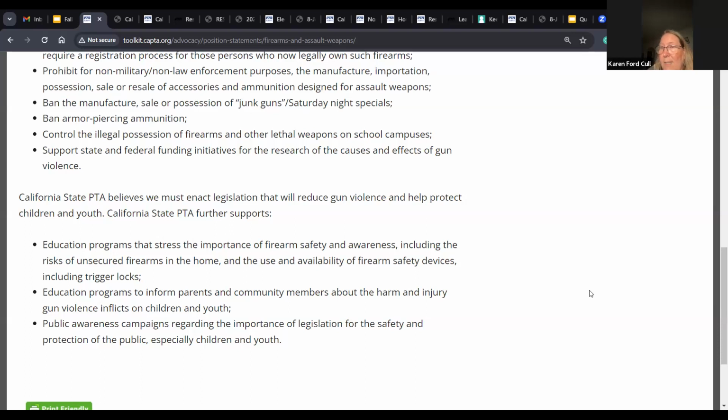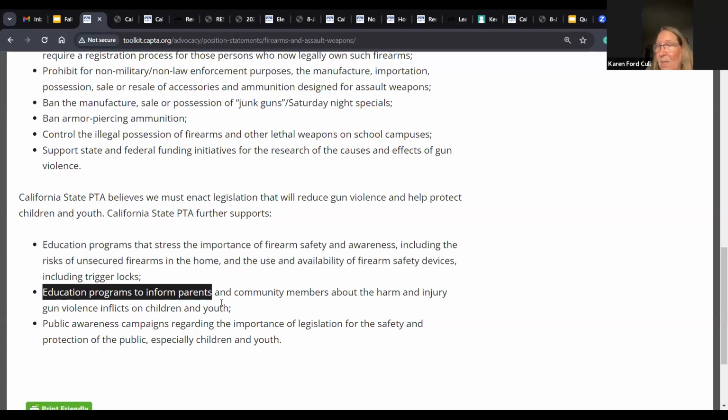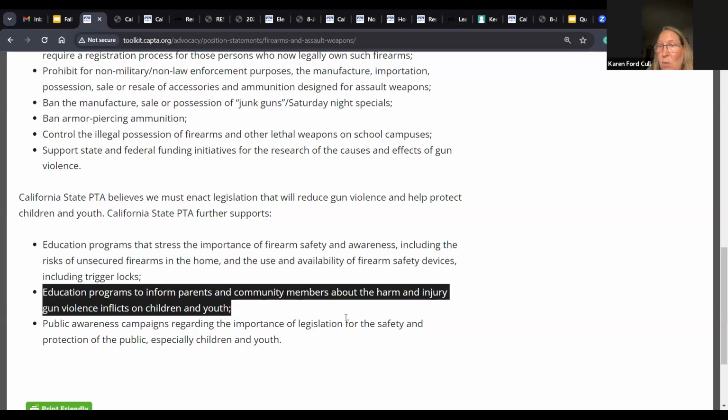It goes on to say it supports education programs that stress the importance of firearms safety and awareness, including the risks of unsecured firearms in the home and the use and availability of firearm safety devices, including trigger locks. It also supports education programs to inform parents and community members about the harm and injury of gun violence, and public awareness campaigns regarding the importance of legislation for the safety and protection of the public, especially children and youth.